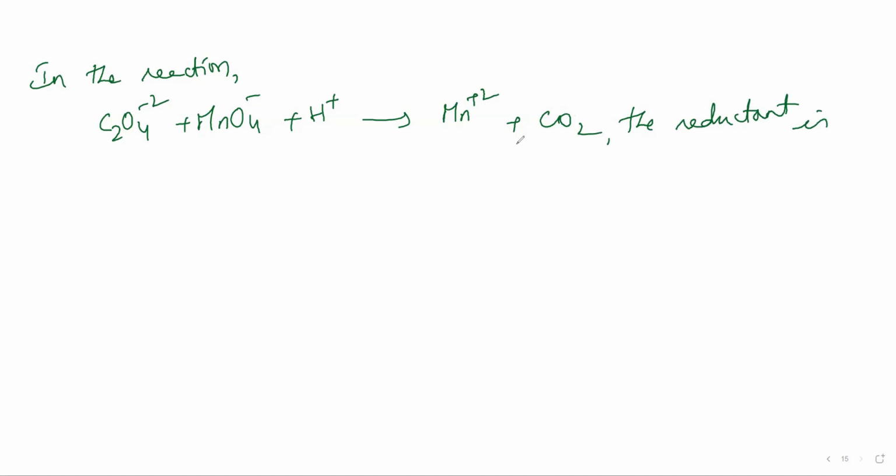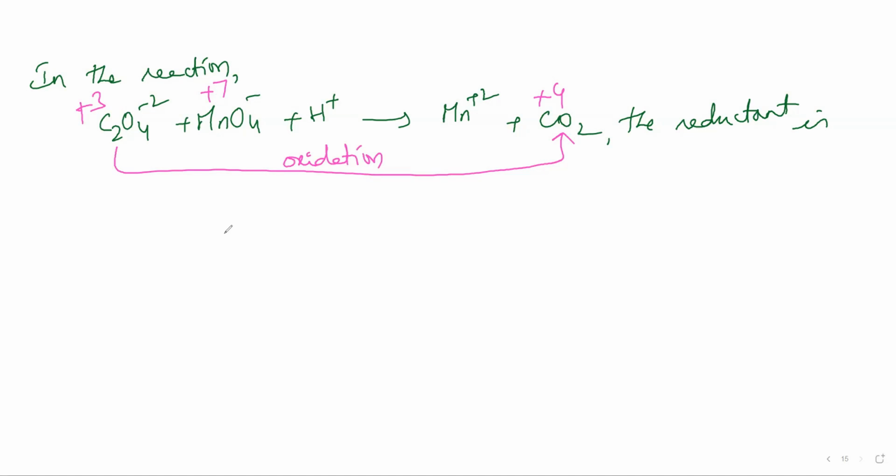Okay. Now, here we already calculated the carbon oxidation state in C2O4 2-. It is +3. Here it is +4. Here it is +7. So +3 to +4. What happened? Oxidation. So C2O4 is oxidized to CO2.